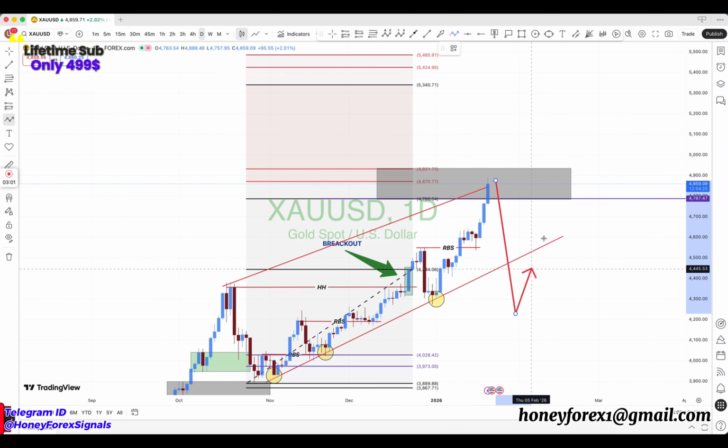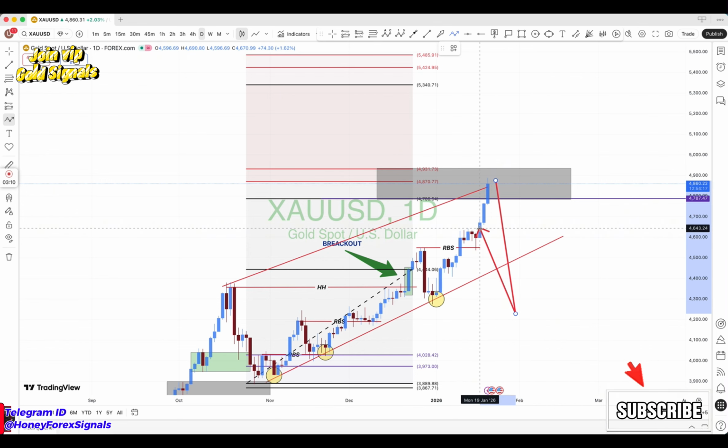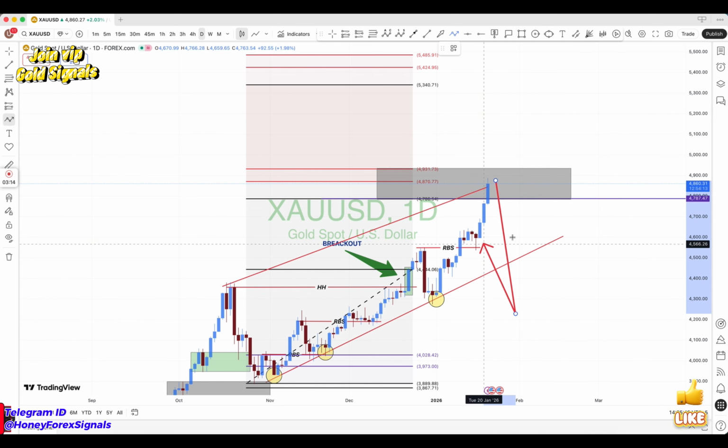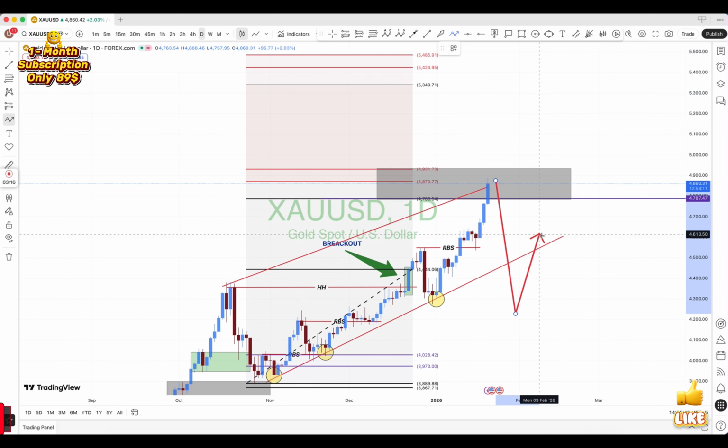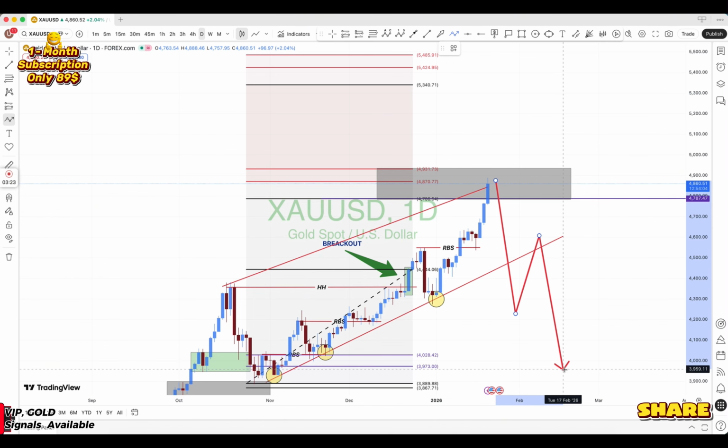Then the next entry will be start selling from here any fresh supply zone. And mostly we look supply will be same. Resistance becomes support. And same here, supply market will be made. Then we take entry, and our next target will be below.